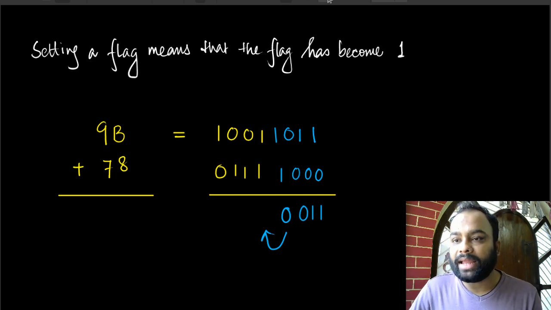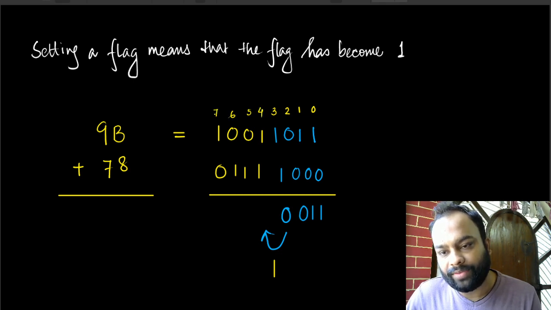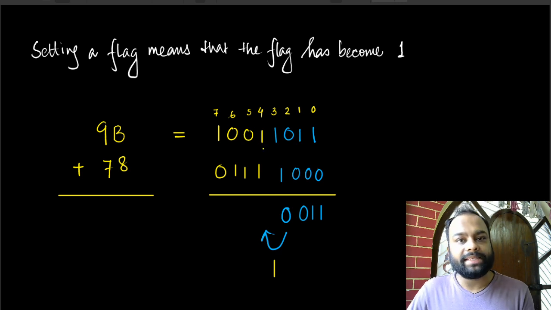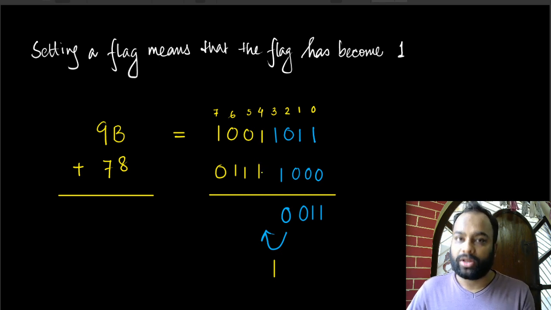So whenever there is a carry that's forwarded from the lower order nibble into the higher order nibble, so this is the 0th bit, this is the first bit, this is the second, third, this is the fourth, fifth, sixth, seventh. Whenever there is a carry from the third bit into the fourth bit, from the lower order nibble into the higher order nibble, while doing 8-bit addition, it's called an auxiliary carry.